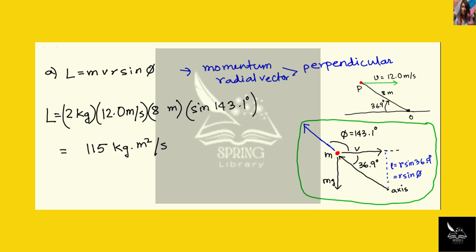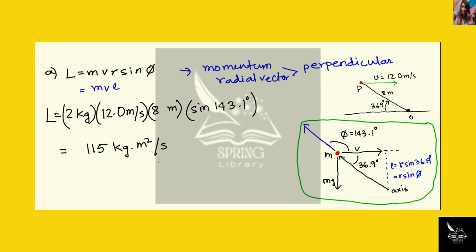So that's why we're taking the perpendicular component of this r vector, which is r sine 36.9, and it turns out that this is equal to r sine phi. So that's why we are considering L here, where we could have also written that in terms of mvl. So yeah, that's how we got the angular momentum.